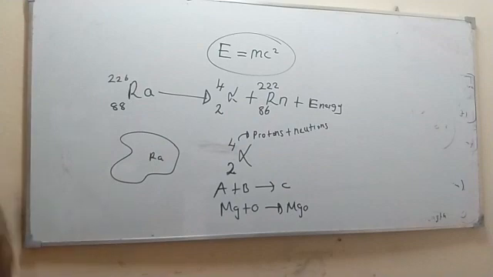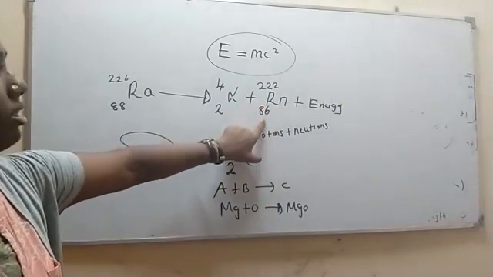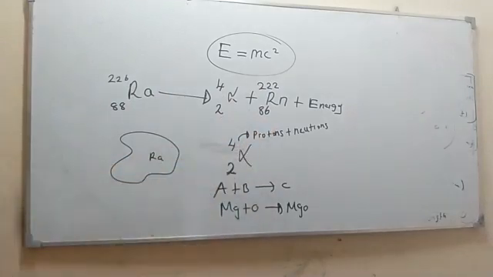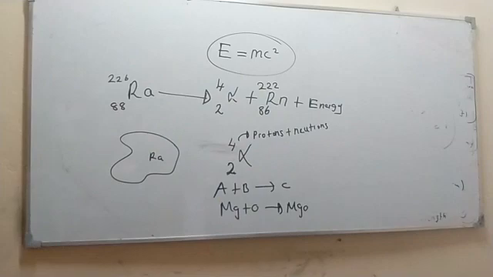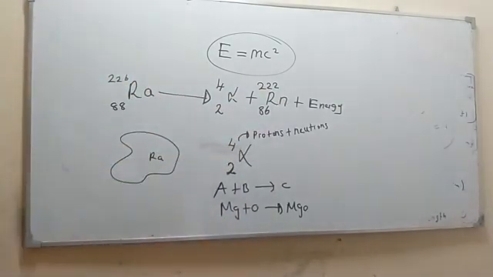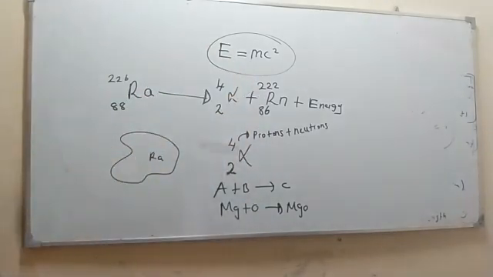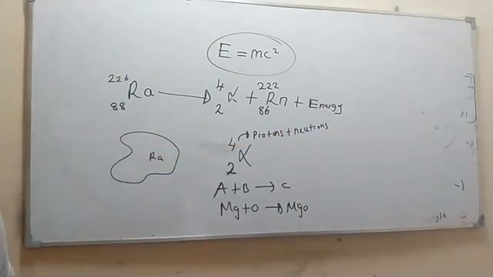The mass is significantly determined by protons and neutrons. Here the proton number is 88, there it is 86. The proton number is different, which means some amount of mass has been lost. When radium changes to radon, there is a mass loss. If there is a mass loss, that will be generated as energy. That's what we are producing. A significant amount of energy is produced in the radioactive reaction.